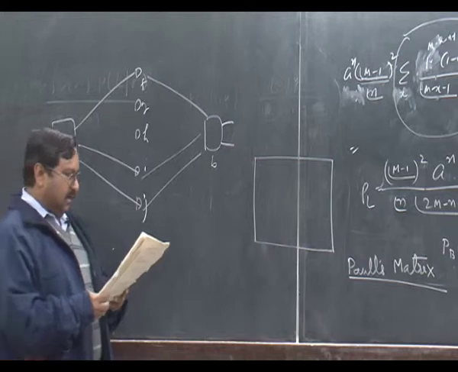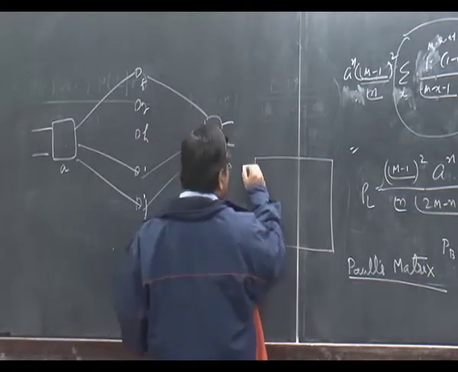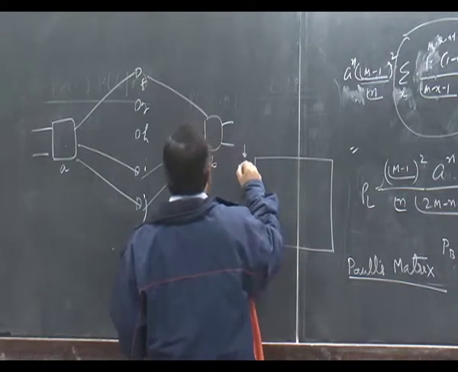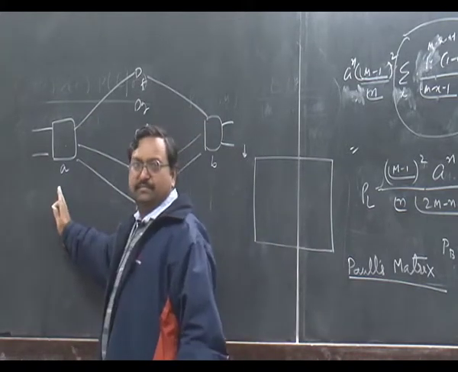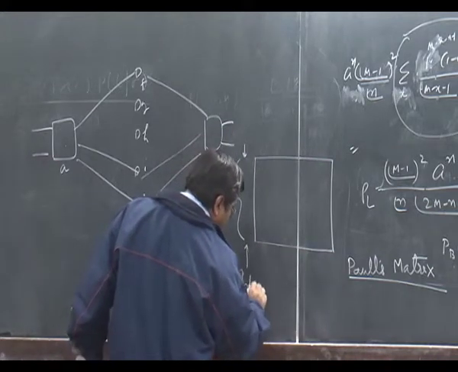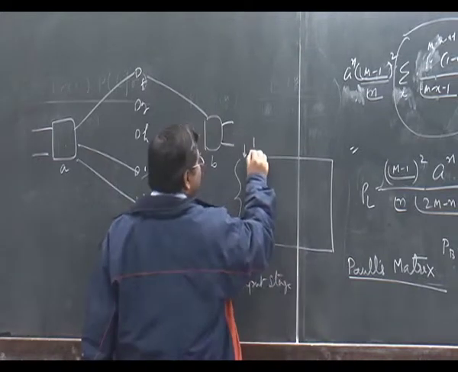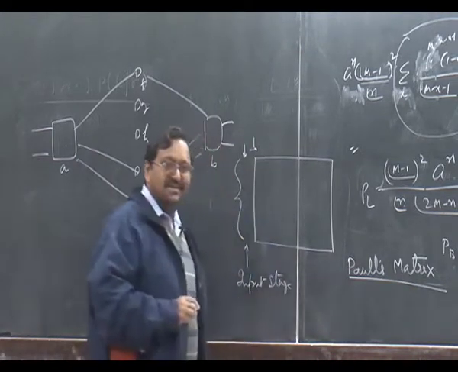And if, for example, between A and B I want to set up a connection, all the rows correspond to the input stage switches. So these are input stage switches. And what should be these columns?